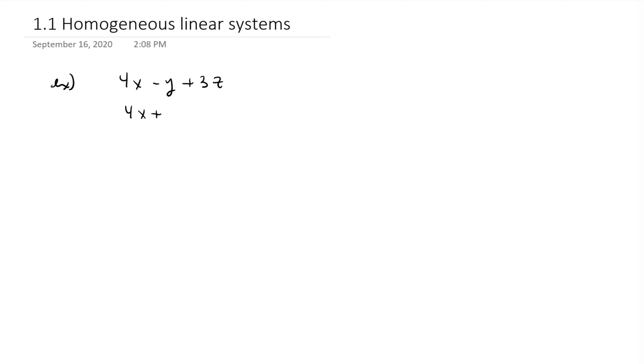Previously we had the following linear system. If you look in the previous video in that section, we had this one, and the corresponding homogeneous system is obtained by setting the constant part to 0. We also looked at a very basic linear system of only one equation.